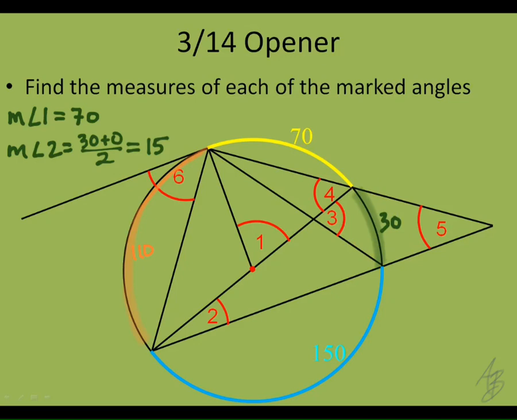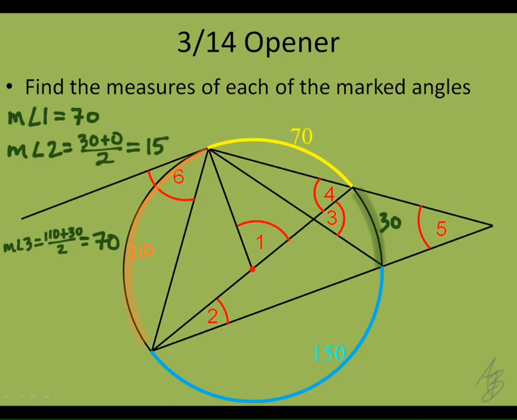So how are we going to measure that angle? 110 plus 30 divided by 2. And what do we get for that, Malik? 70. Yeah, 110 plus 30 is 140, divided by 2 is 70. Any questions about that one?